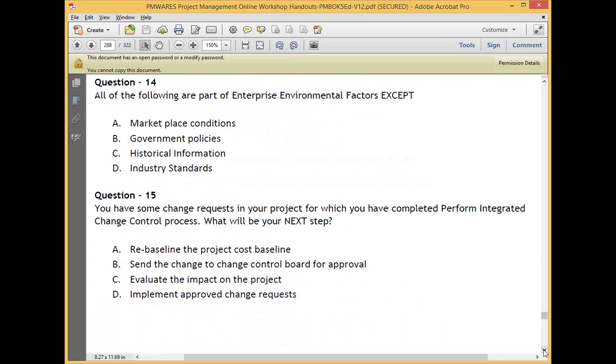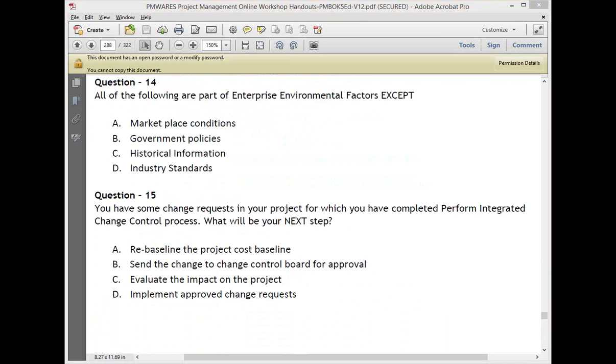This is simple, right? What about 15? D. Okay, that's fine, because D is the right answer for this.